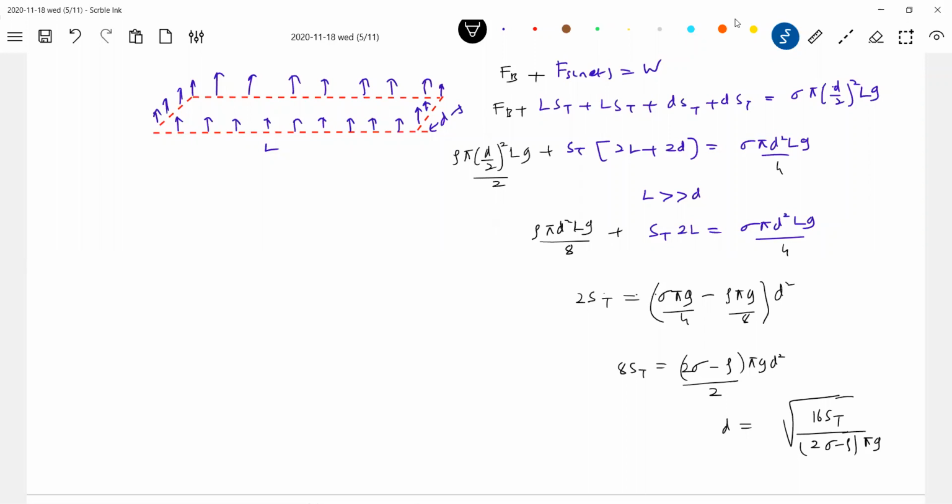Check the calculation once. So this should be the density of this one. If you neglect that buoyant force, some books neglect the buoyant force. Neglect buoyant force means rho you should take outside.